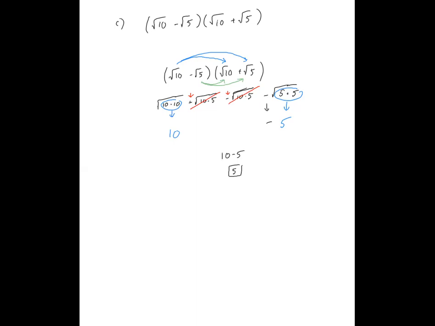This example C is a very interesting one. This is a unique one. Notice that these are almost the same, and the only difference of the two is that one has a plus and one has a minus. So when we see these radicals in that form, we call them conjugates.